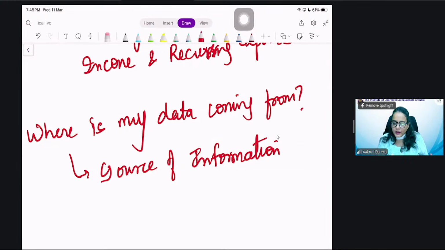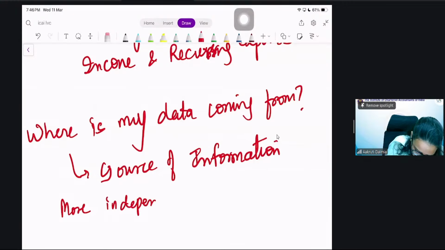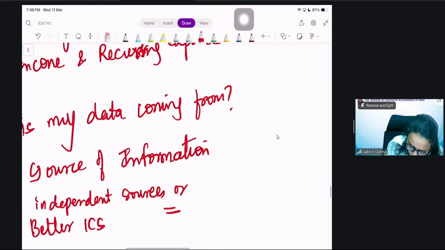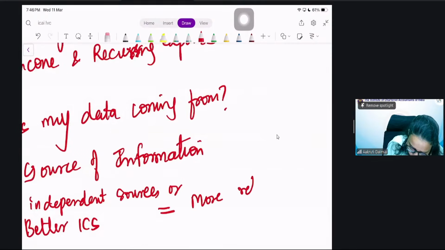If it is a more independent source, the analysis is more reliable. So a more independent source or a better internal control system equals more reliable analysis.